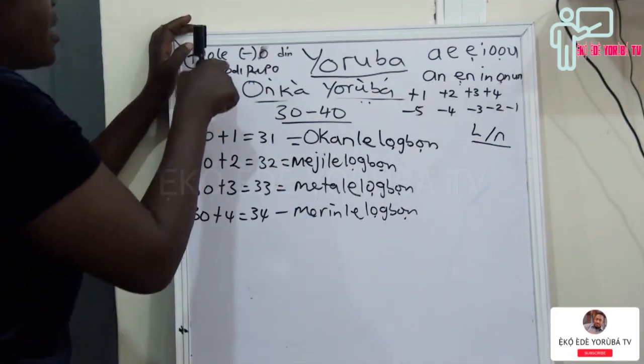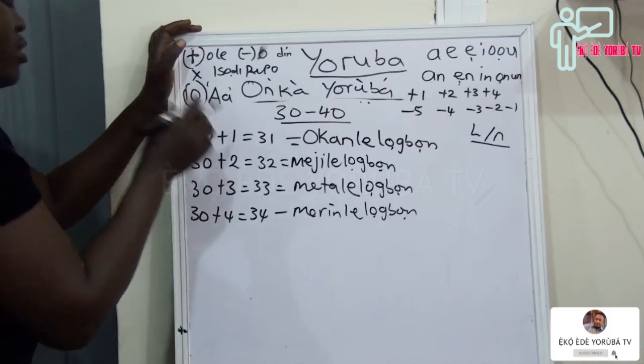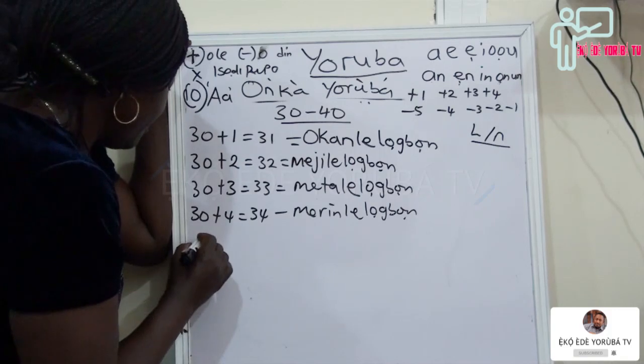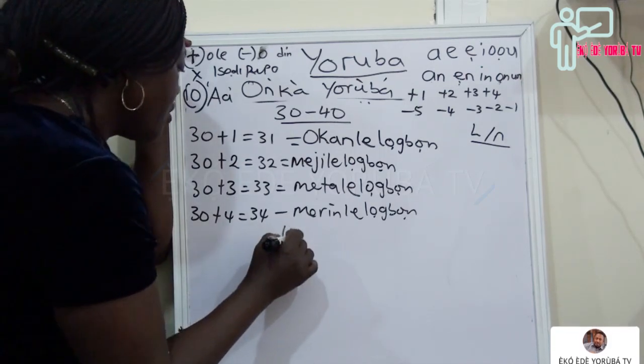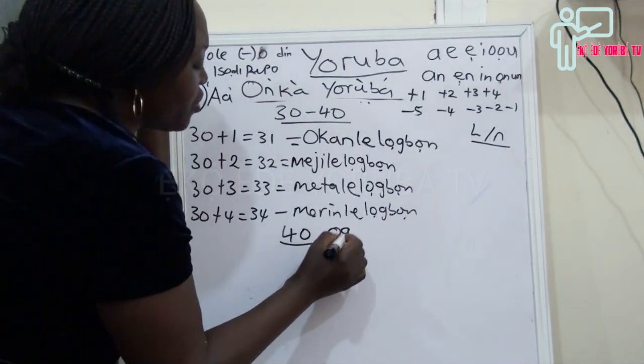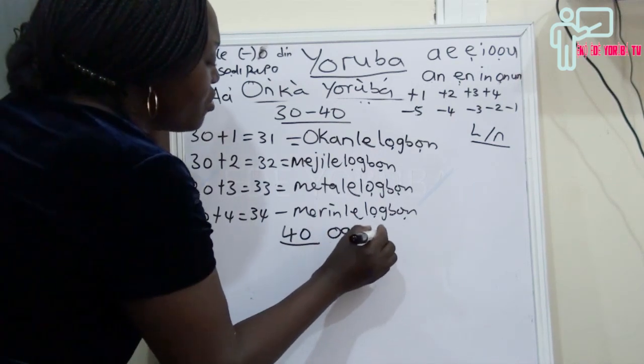That is the meaning of multiplication. So now 30, we now say 40. We call it ogún méjì.